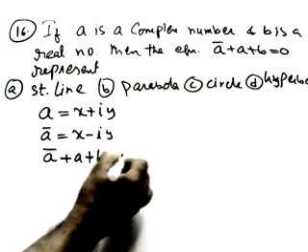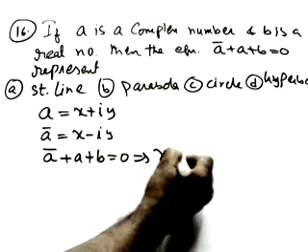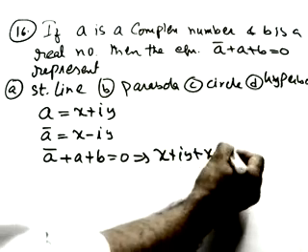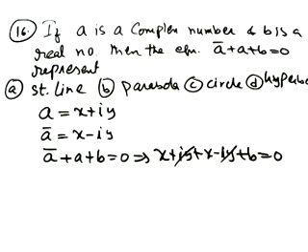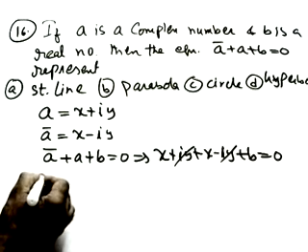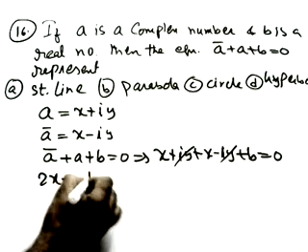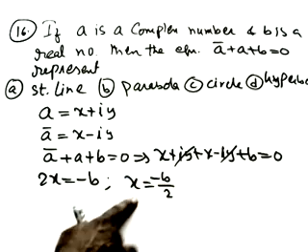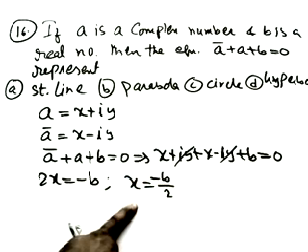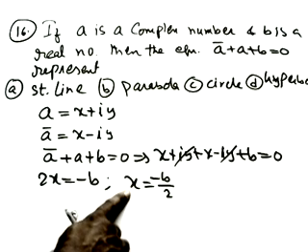So a bar plus a plus b equals 0 implies x plus iy plus x minus iy plus b equals 0. So plus iy minus iy cancel. What is left here? 2x plus b equals 0, on the other side minus b. So x equals minus b by 2. So what is this? This is neither a circle, nor a hyperbola, nor a parabola.